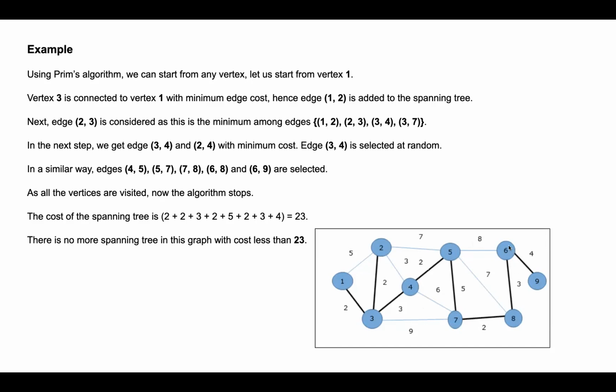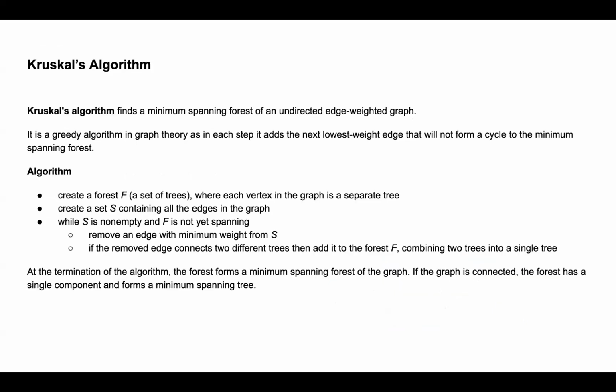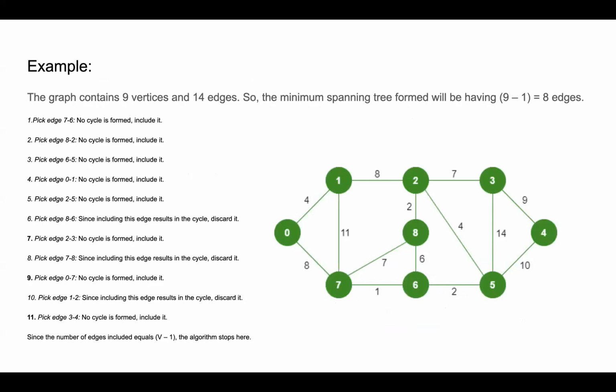Now from 8 to 6, it's a 3, and 6 to 9, it's a 4. That is Prim's algorithm. We started from a node. What is the difference with Kruskal's algorithm then? Kruskal's algorithm deals with edges. It refers to the minimum edge.